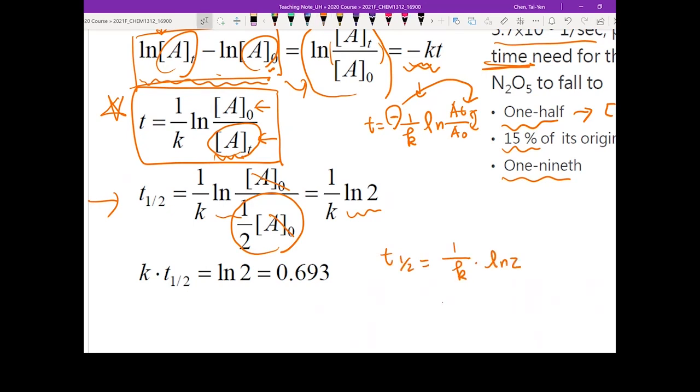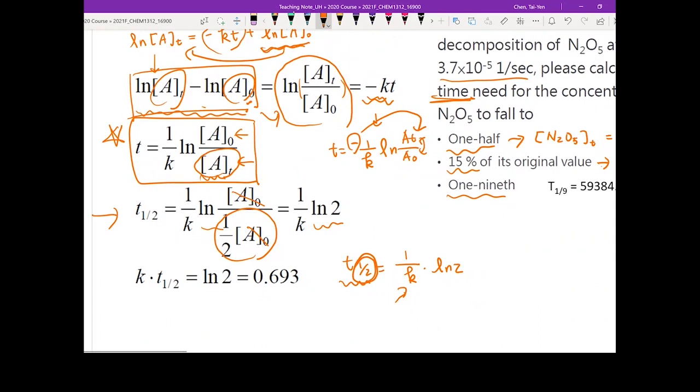If I give you the k, then you know what the time is. The reason I put 1/2 here is simply because this represents the concentration of A decreased to the half of the original concentration. So once you have this concept in mind, you can solve this one relatively easily.